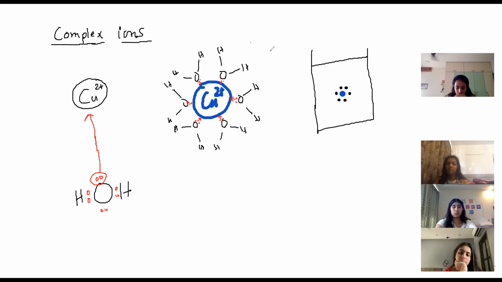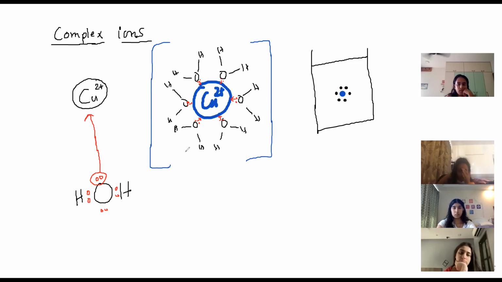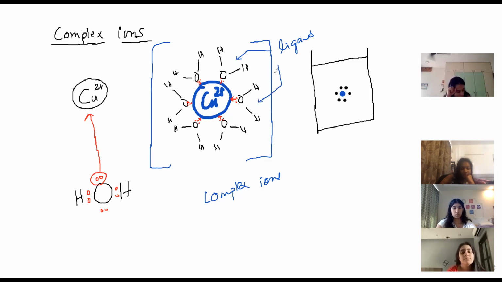Hence, the entire structure is an ion now, and such ions are called complex ions. And molecules like water here, which form the dative bond with a central metal ion, are called ligands. All the water molecules are called ligands.